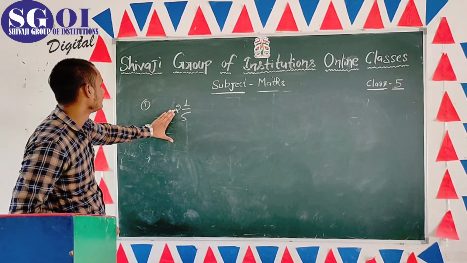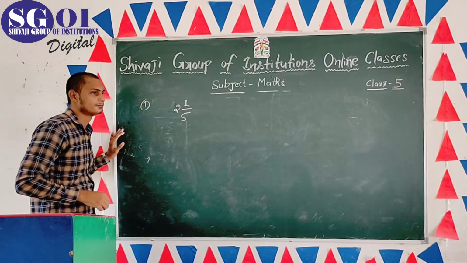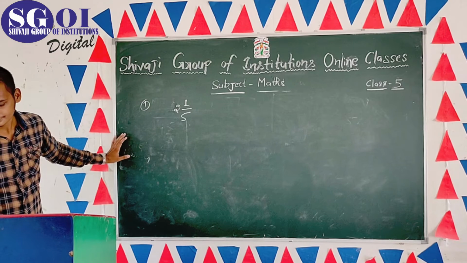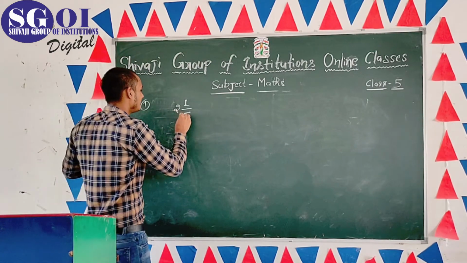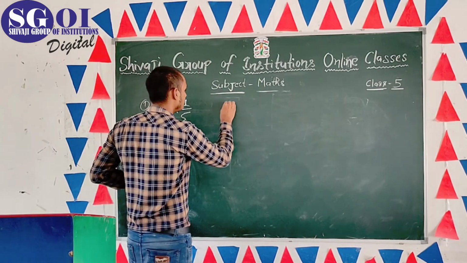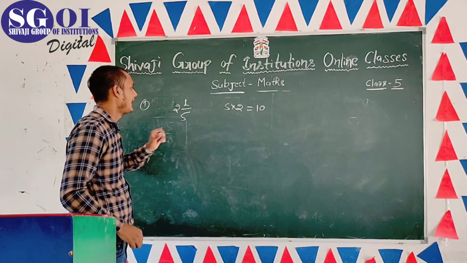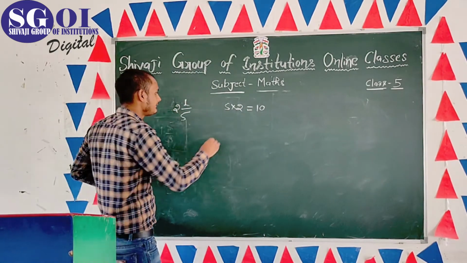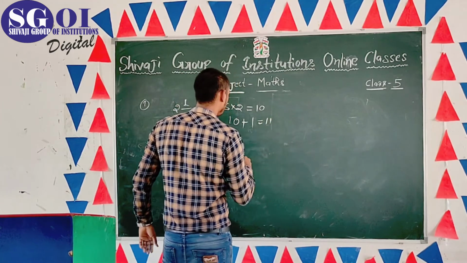Okay students, 2 is a whole number and 1 upon 5 is a proper fraction. Now first multiply 2 by 5. 5 multiplied by 2 is 10, and we add 1, which is equal to 11.